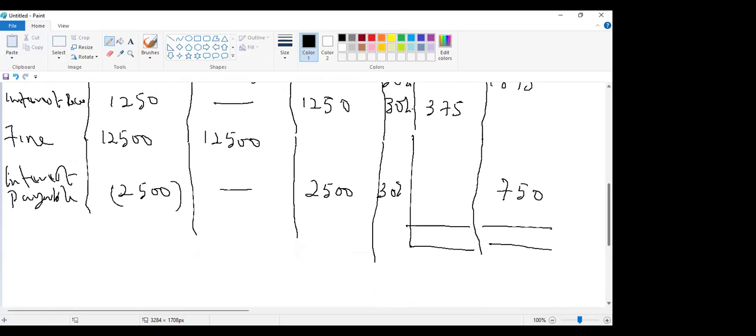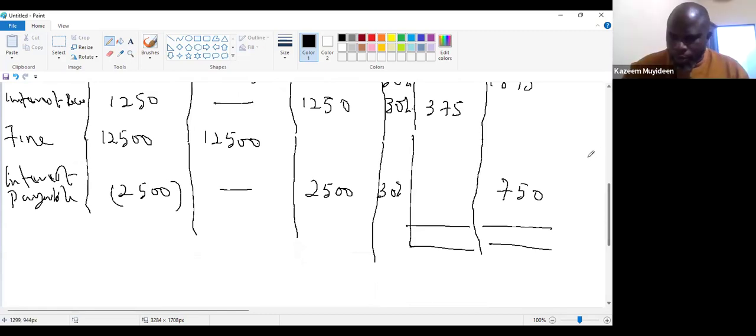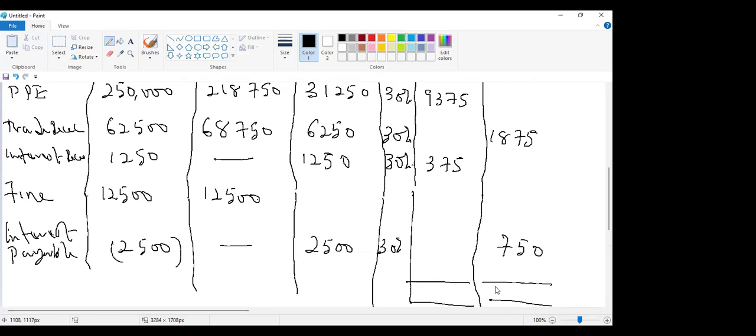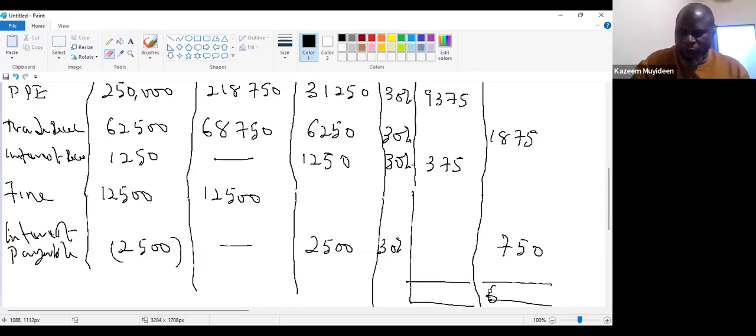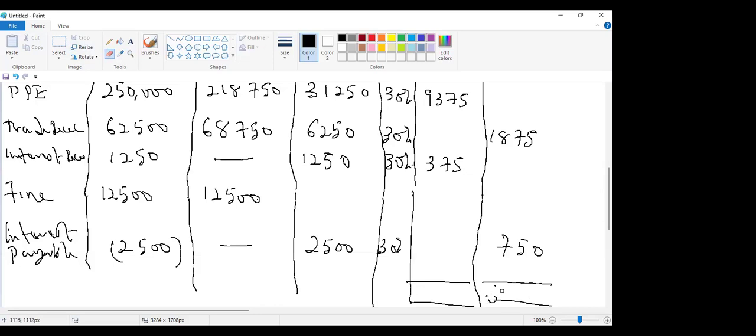That tax asset is how much? 2,625. Okay, let me clean this one first.